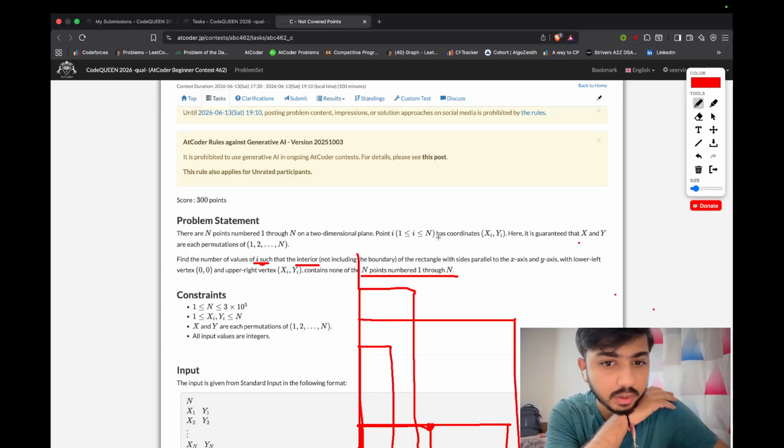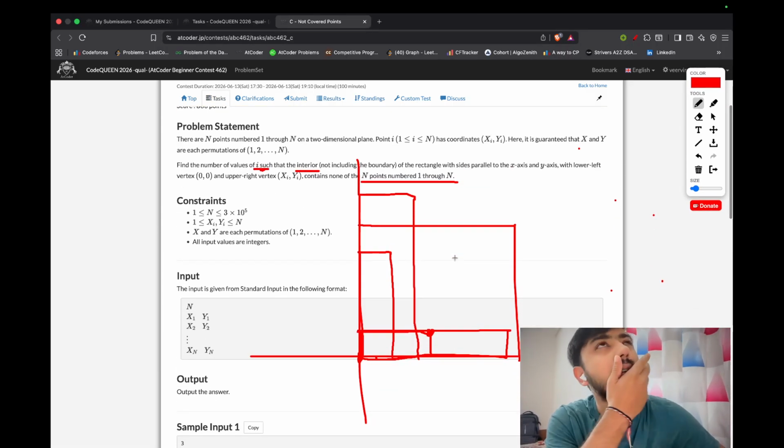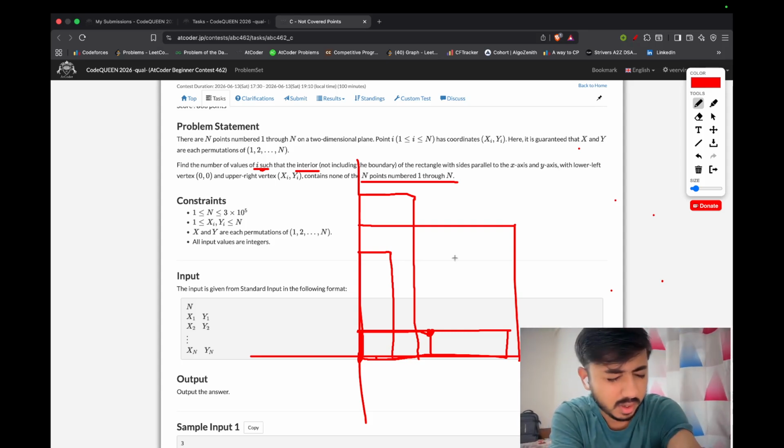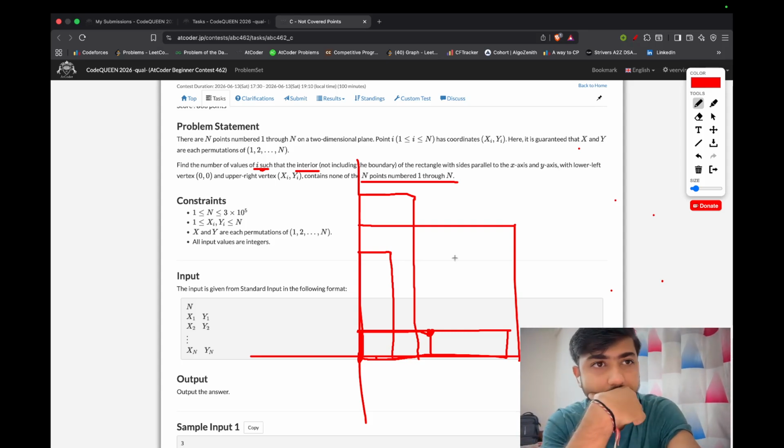Both are acceptable. That's fine. So what's the best way to do this question? We'll go for each point that is feasible.